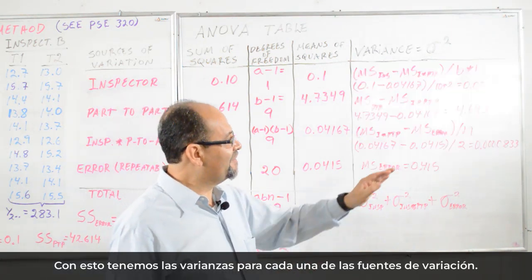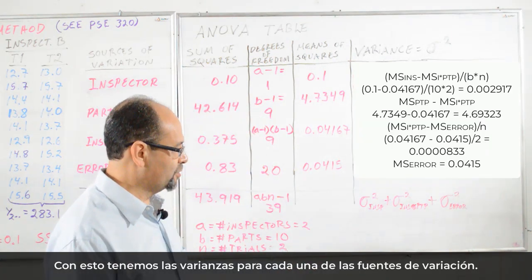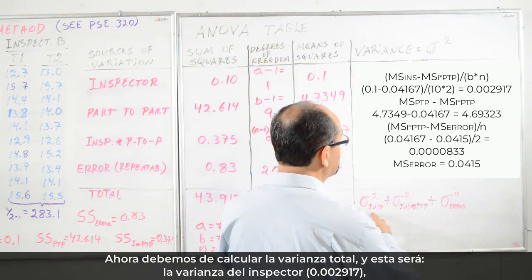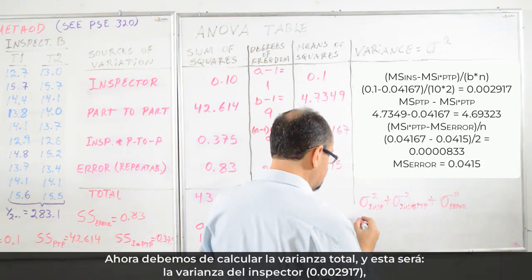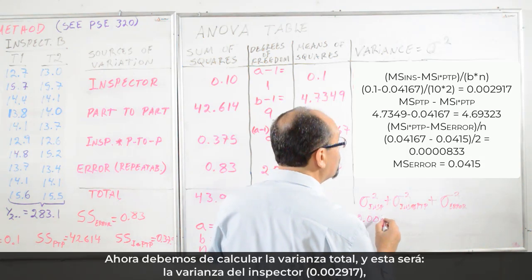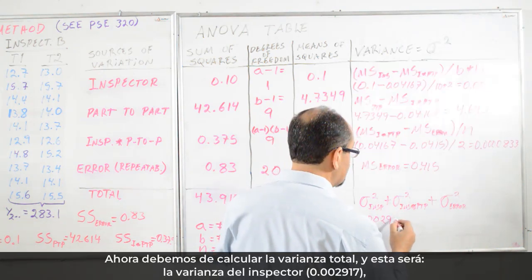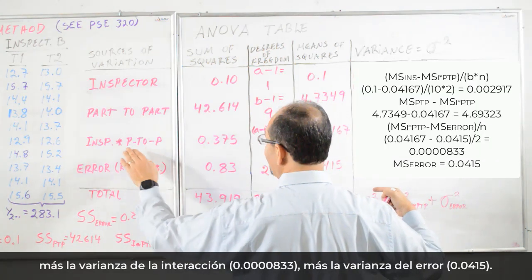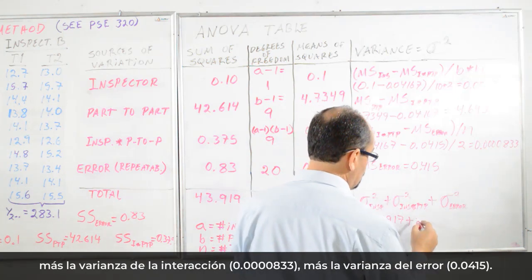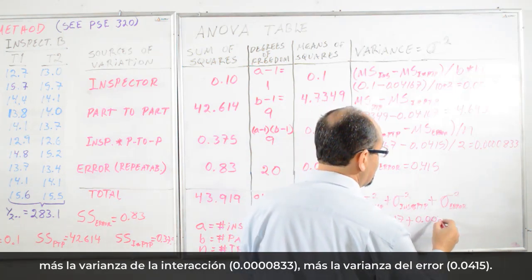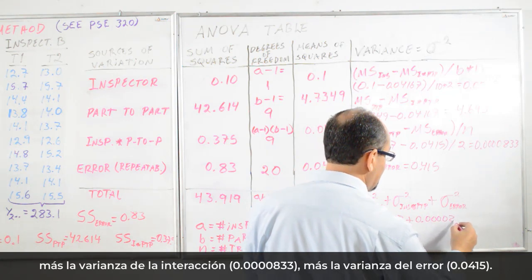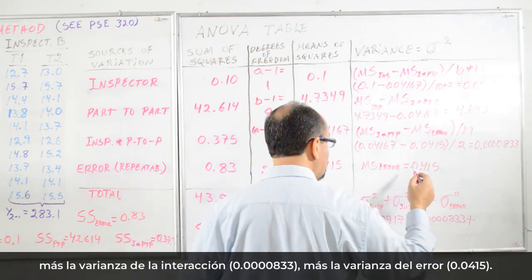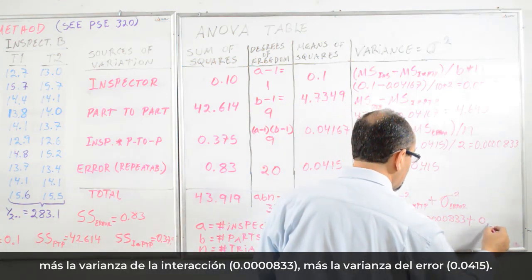We already have the variances for all the sources of variation. Now, let's get the total variance. The total variance will be the variance of the inspector, which is 0.002917, plus the variance of the interaction, which is 0.00008333, plus the variance of the error, which is 0.0415.